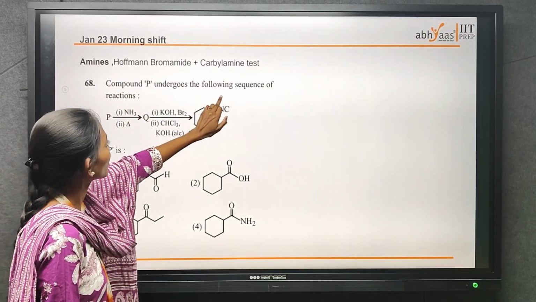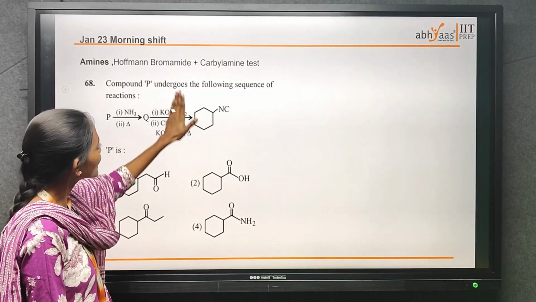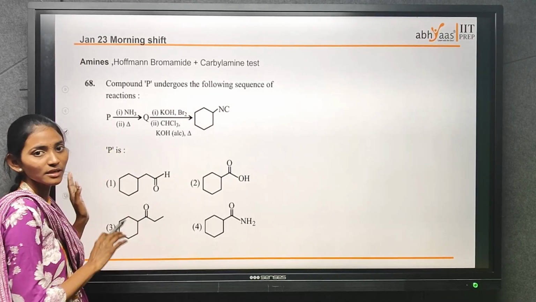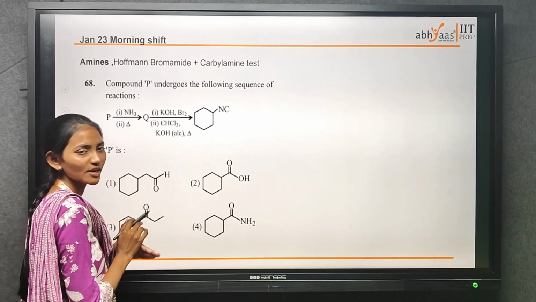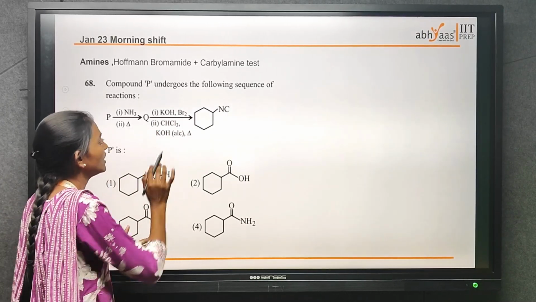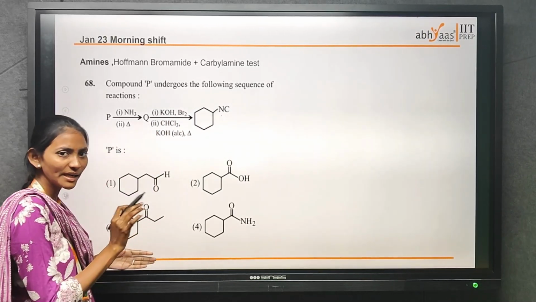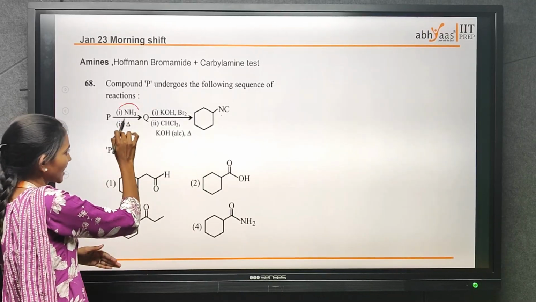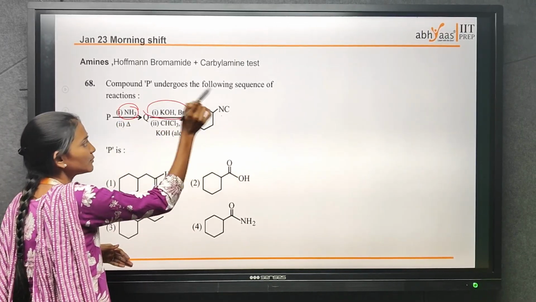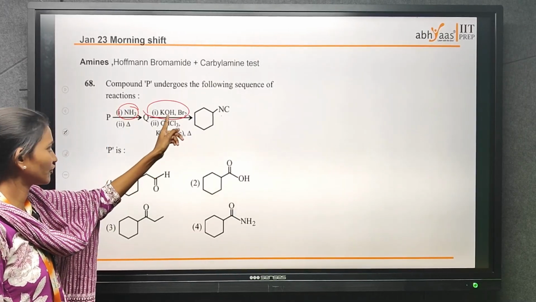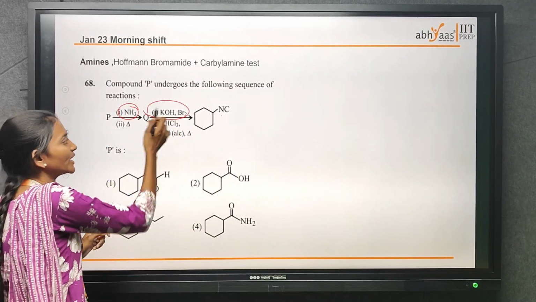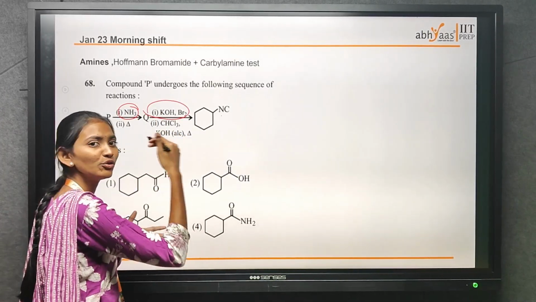Compound P undergoes the following sequence of reactions. You see the reaction here, they are giving the reagents. You need to know how the reagent works. KOH and Br2, Hoffmann bromamide reaction. It is converting into cyanide. You need to observe that it has an amide and Hoffmann bromamide. You know that. What is the role of KOH and Br2? It is Hoffmann, meaning it converts amide to amine.